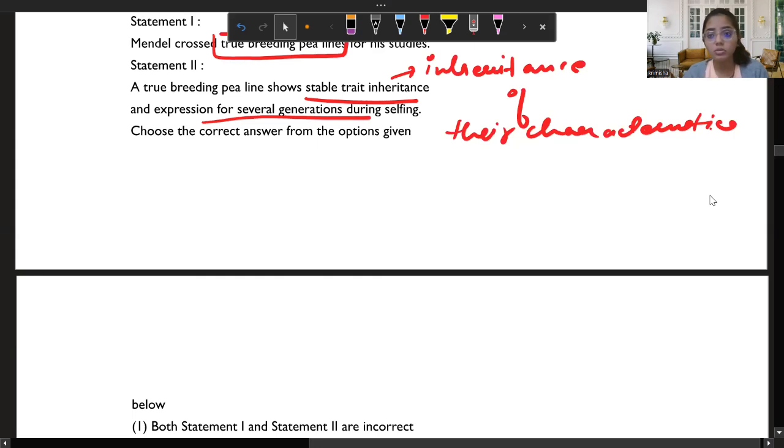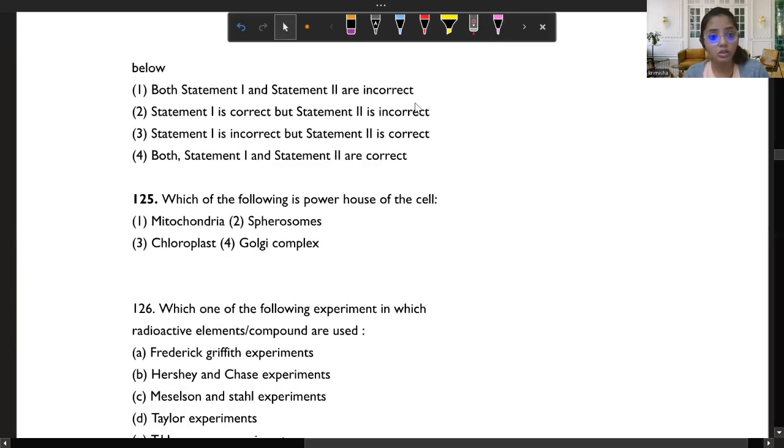If there is a cross between two homozygous plants, and that cross is continued, then the new generations formed are stable, which means they do not vary a lot from the parent plant and from their peers. So that is what statement 2 is saying. Statement 1 and statement 2 are both correct. So the answer is the fourth option.